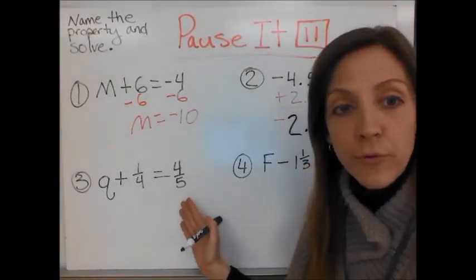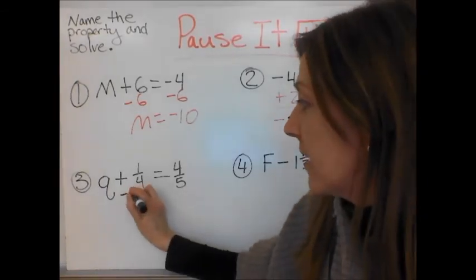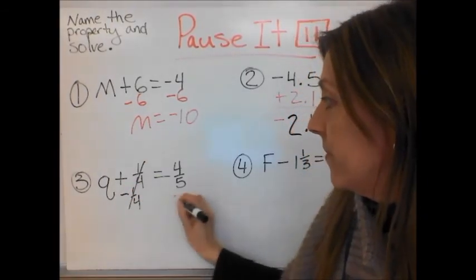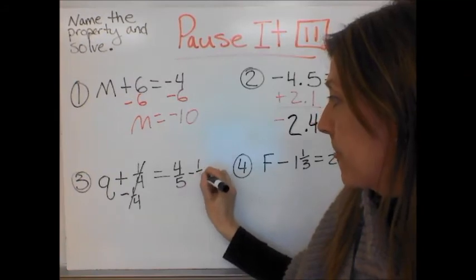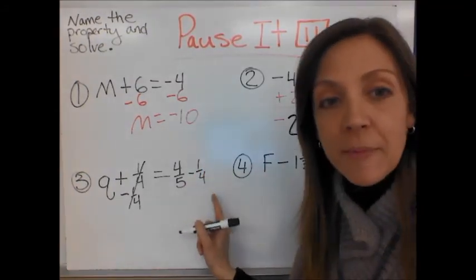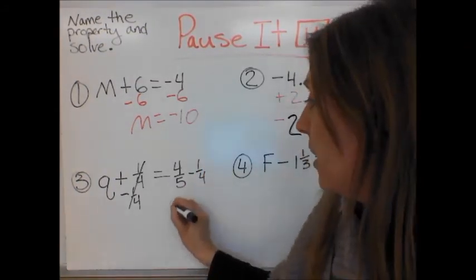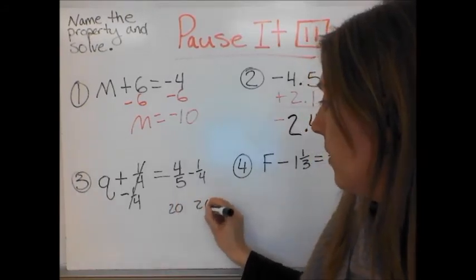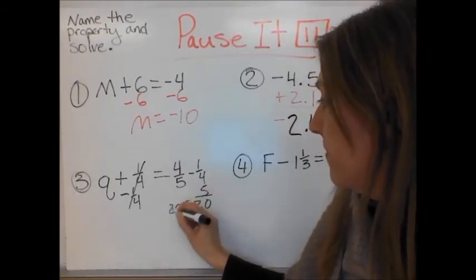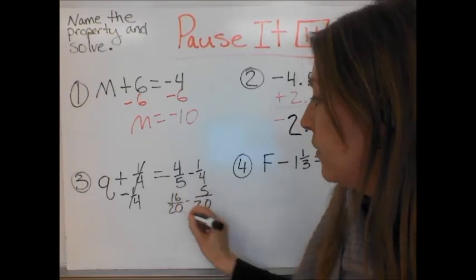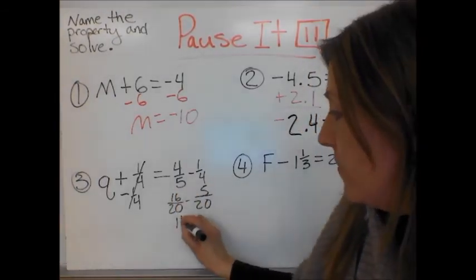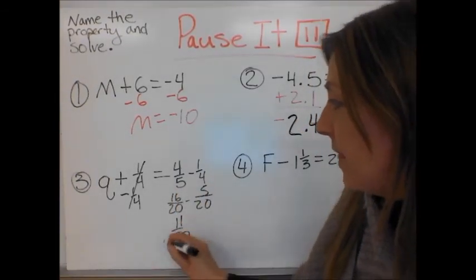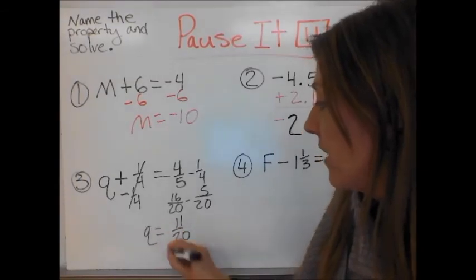Q plus 1/4 equals 4/5. I need to subtract a fourth from both sides. Okay, got to get a common denominator to do this. 20 is the least common multiple. So I get 16/20 minus 5/20, which leaves me with 11/20. So Q equals 11/20.